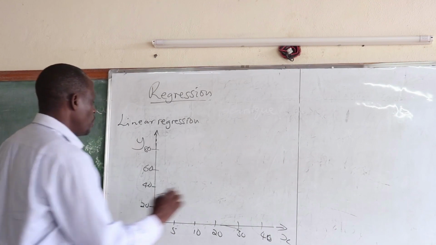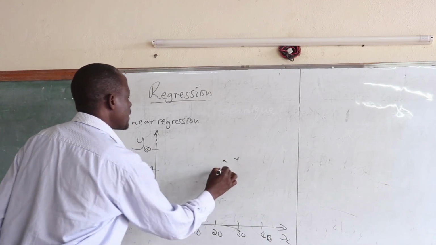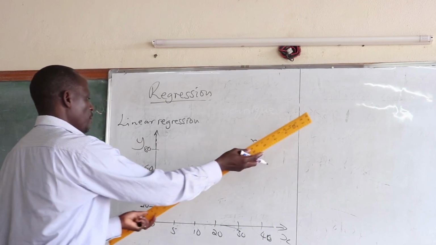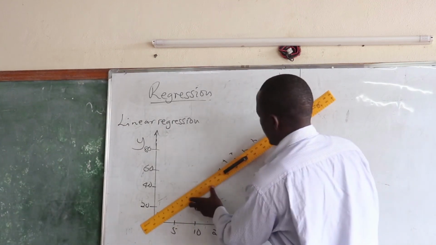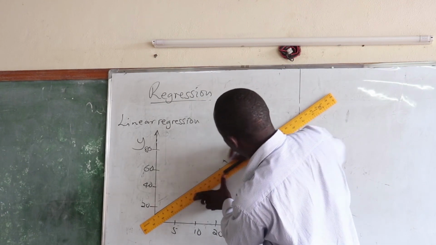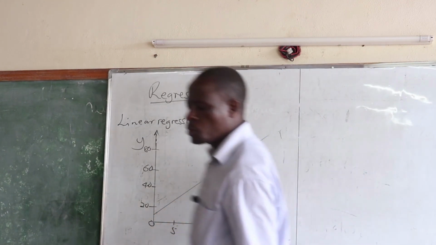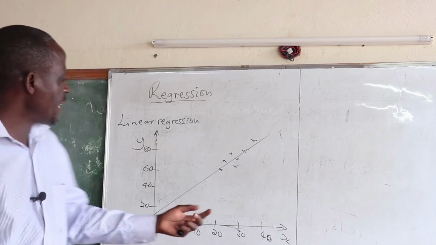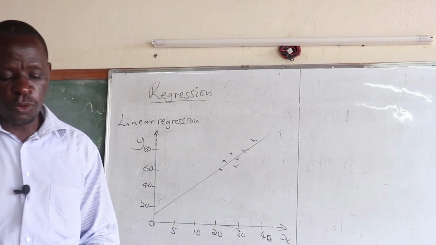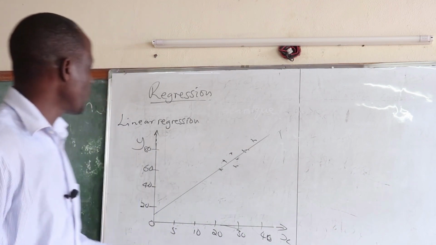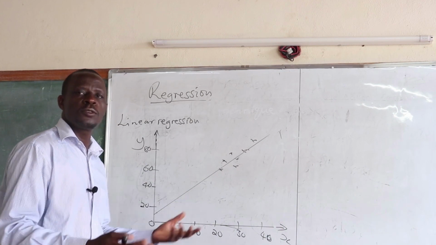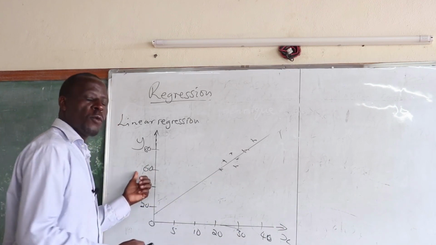If, for example, we have a scatter diagram and then we have a line that goes straight through these points to show that when x is increasing, y is also increasing, this is what we call a regression line, which has been fitted. We can plot it to show the relation between the variables x and y.